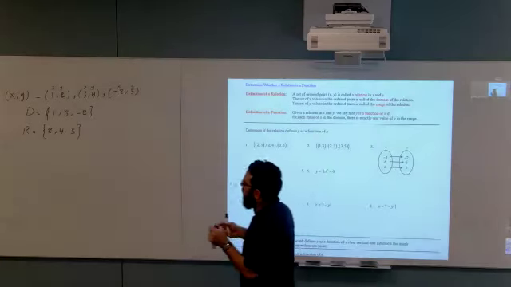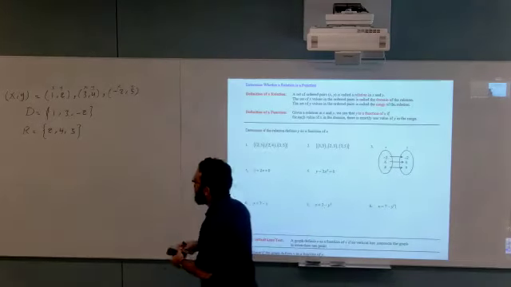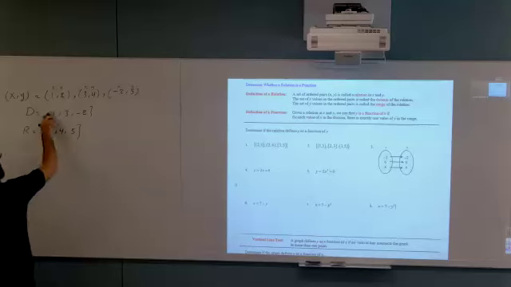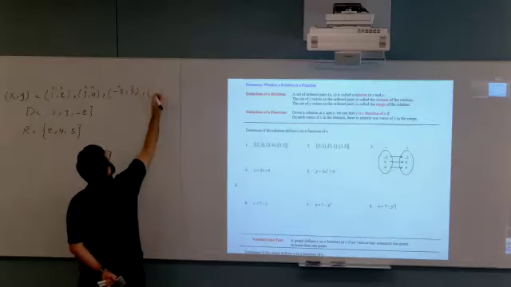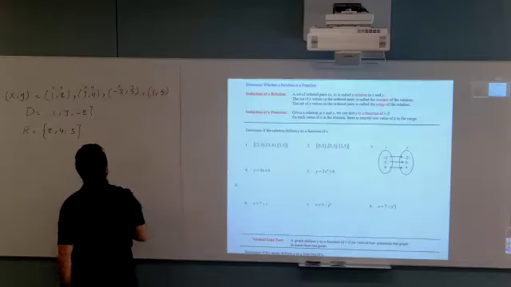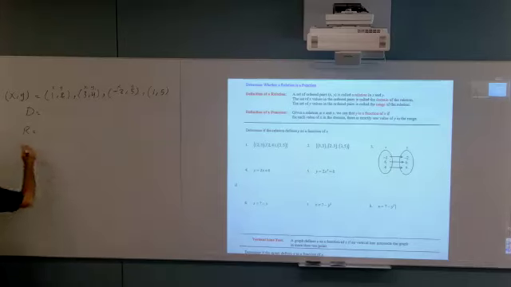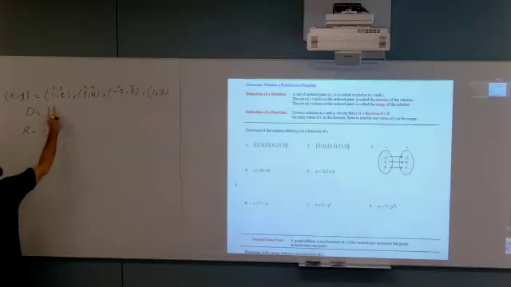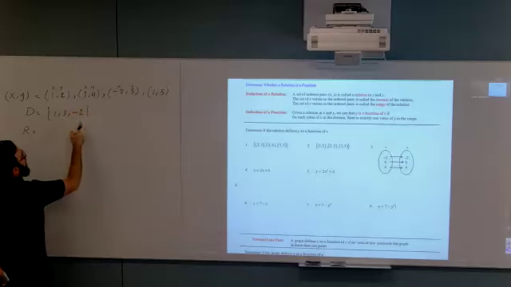For example, if I have another ordered pair here, let's say 1 and 5, okay? And if I ask you to write down the domain, 1, 3, and -2, that's it.